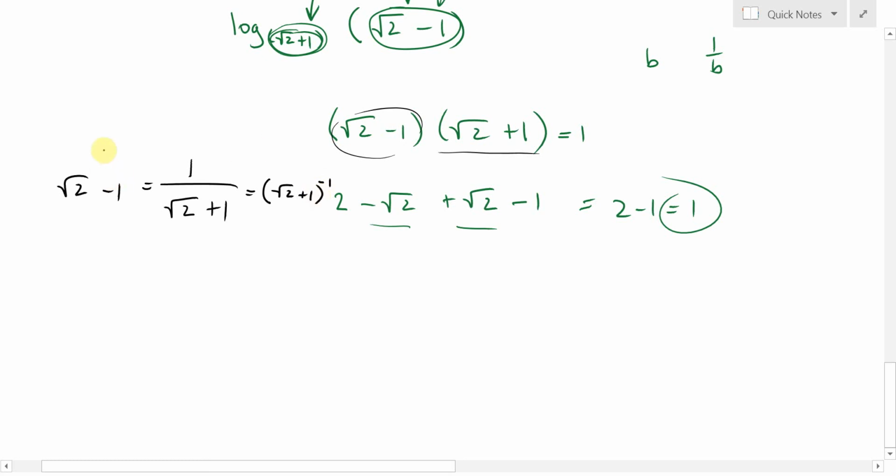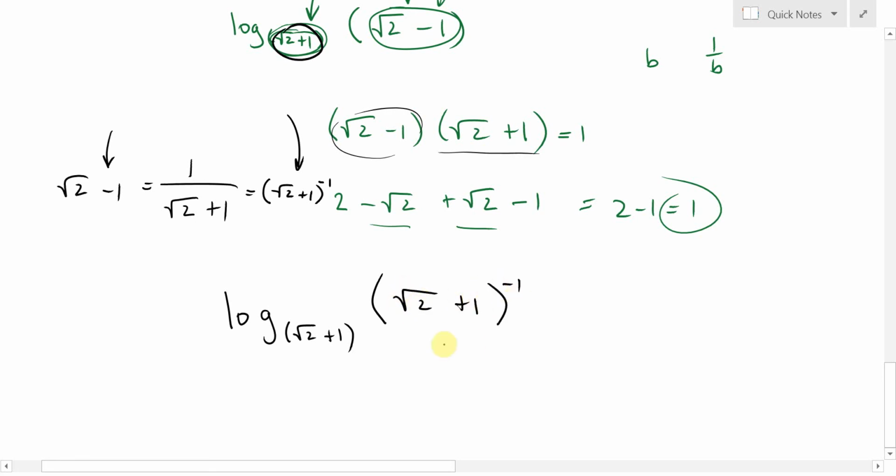Okay, so now that we've written this guy in terms of this quantity, which was the base of our logarithm, let's try and calculate that logarithm again. Log base root 2 plus 1 of, now we can write it as root 2 plus 1 to the negative 1 power. But what's the property of logarithms? They cancel. We have something of the form log base b of b to the negative 1.